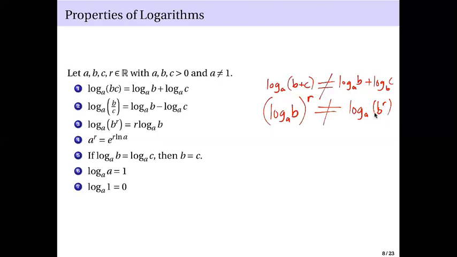In the second, the exponent r is on b. On the other hand, in the first, the exponent r is on the logarithm of b with base a. So on the left-hand side, you compute first the logarithm of b with base a before raising it to exponent r. On the right-hand side, you compute first b to the r before getting the logarithm.